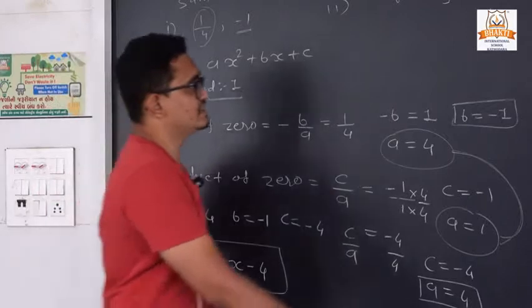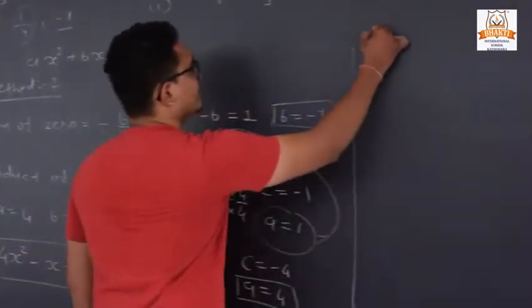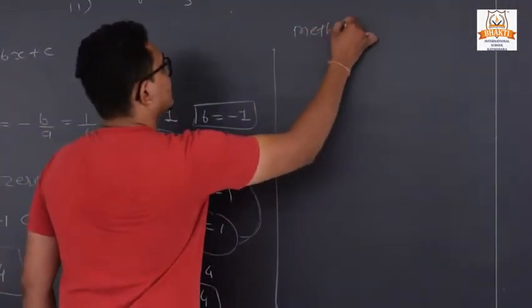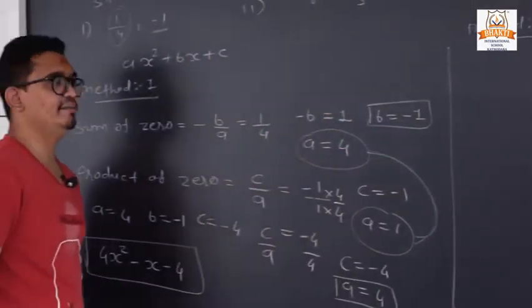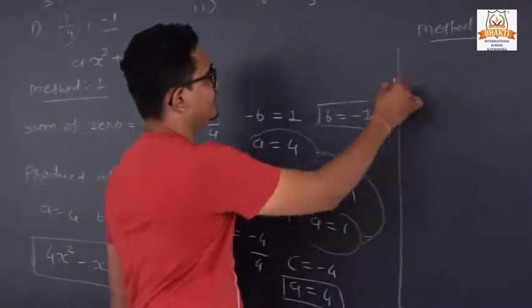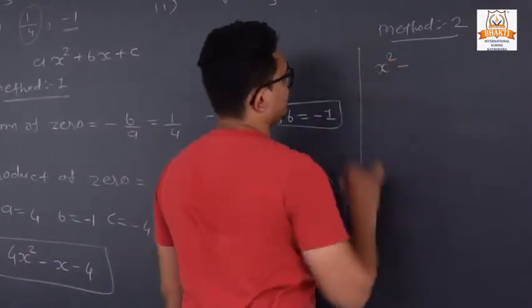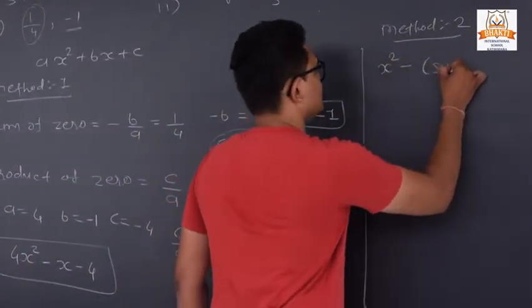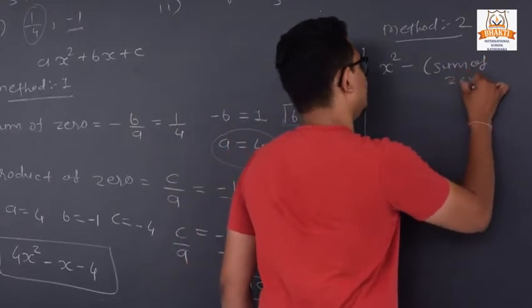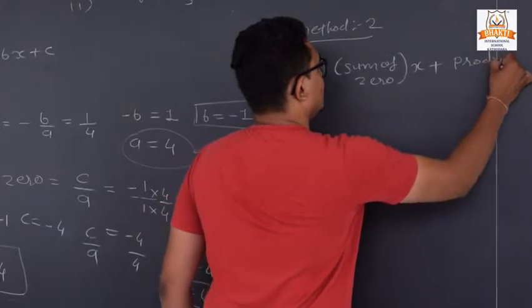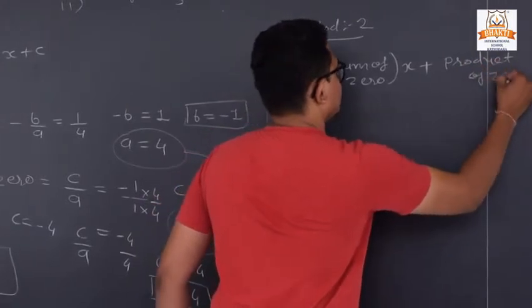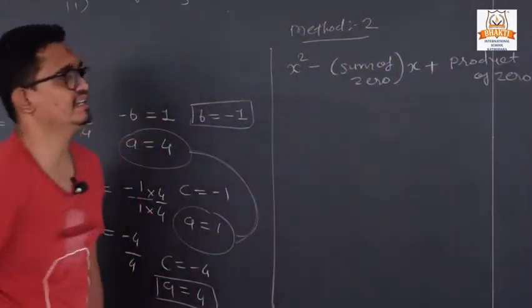Now method number 2. In the second method we have a direct formula. Which formula? x square minus sum of zeros into x plus product of zeros. We have a direct formula like that.